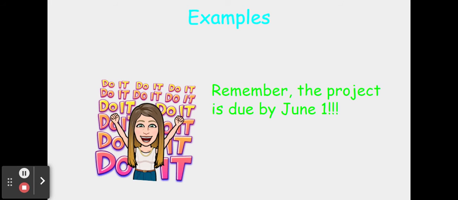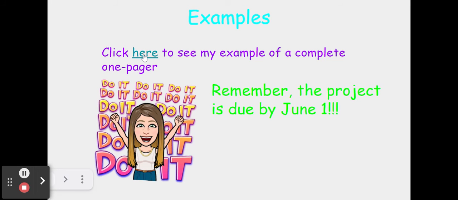Okay, so here's an example of a complete one-pager that I made. So see how I took this picture close enough that I can zoom in and I can read what it says, right? So I have my 3 images. I have my explanation for why did I choose each of those images.